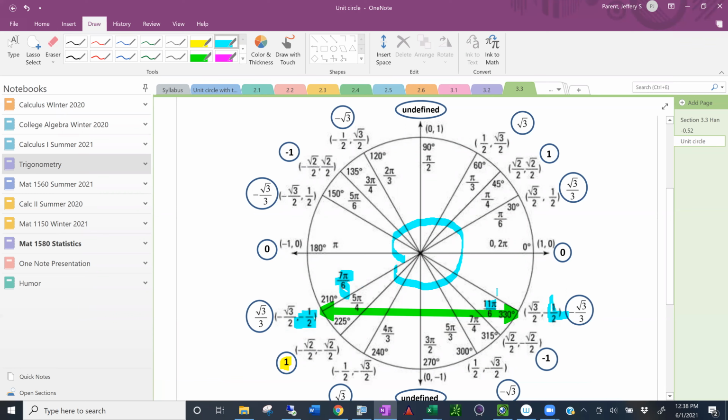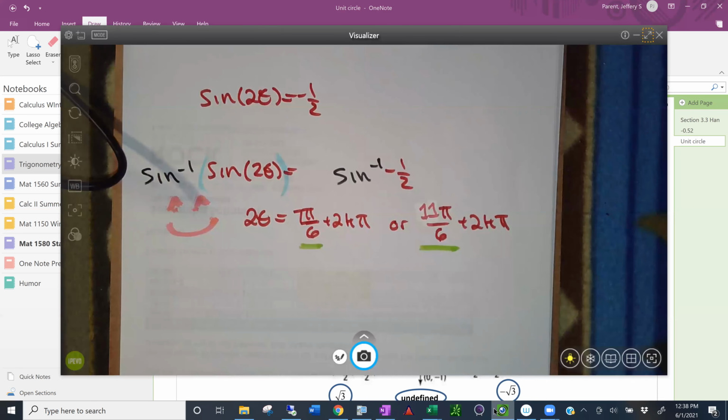And likewise over here, if I started out with 11 pi over 6 and added a multiple of 2 pi, that would bring me all the way around back to here. And once again, I'm going to have the same y coordinate of -1/2. Okay, all right, good. Let's keep going then.